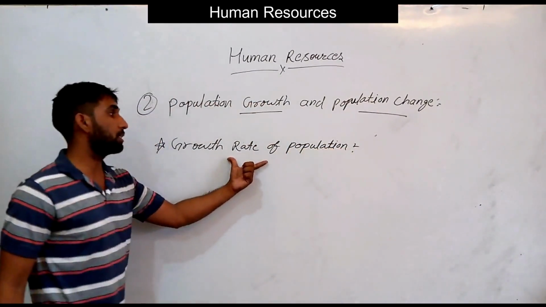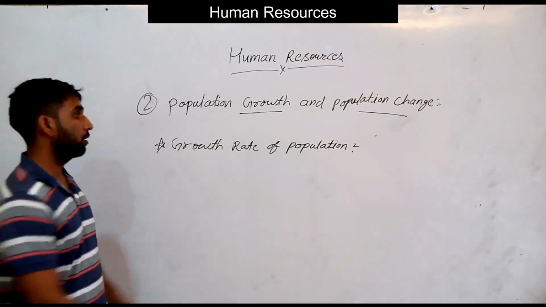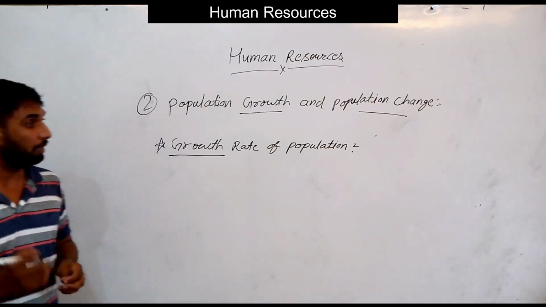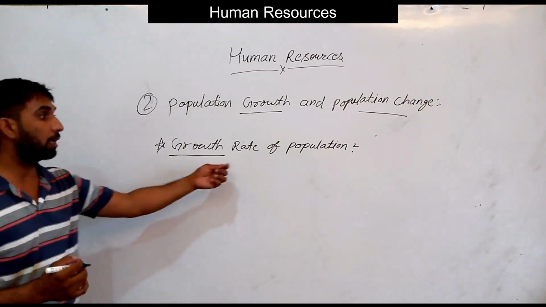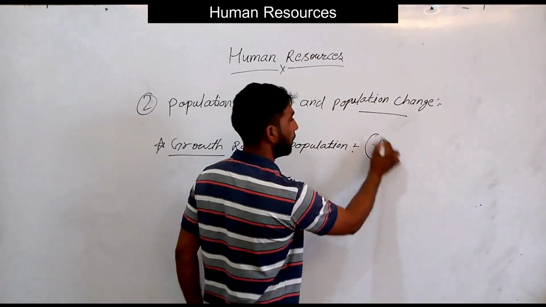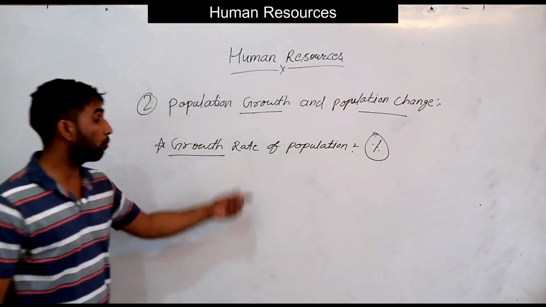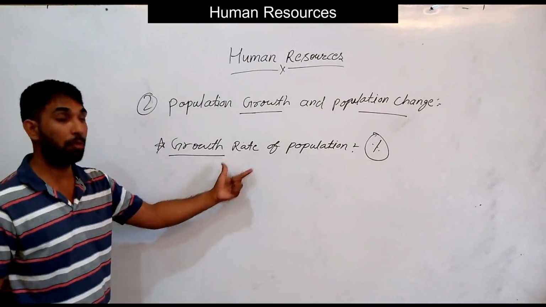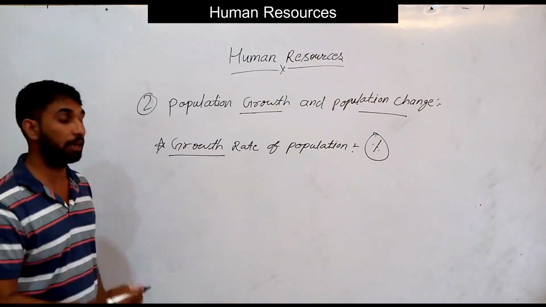Growth rate of population is in terms of 100. So in terms of per 100 we take it, because growth rate is calculated as a percentage. Percentage is always in terms of 100, a part of 100.